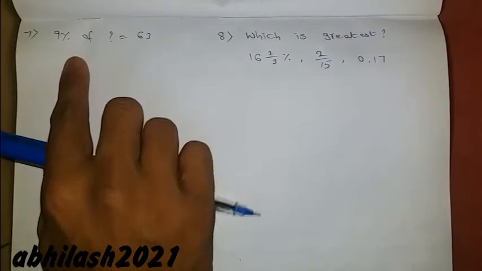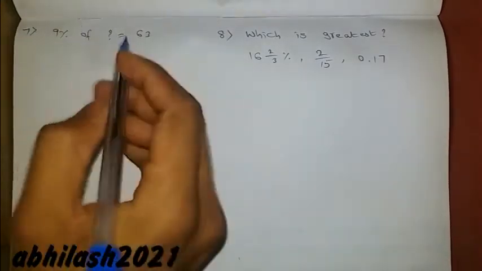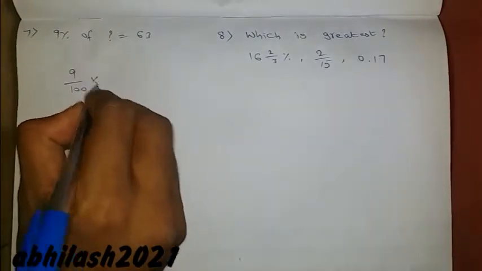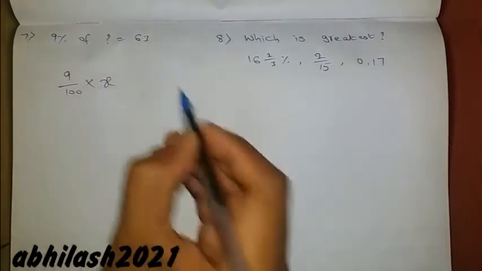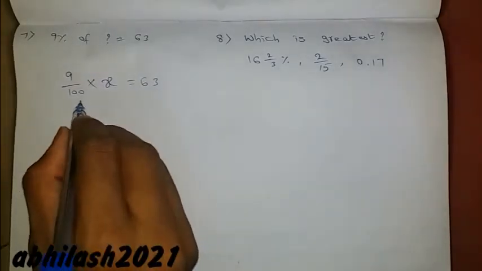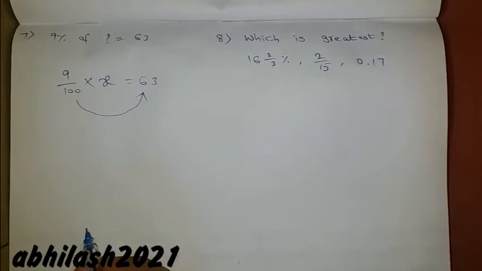9 percentage of which number is 63? 9%, 9 by 100 into, 'of' is nothing but multiplication, some missing number that I am taking as x, is equal to 63. Now if we take this 9 by 100 to the right side, it will become the reciprocal, that is 100 by 9.